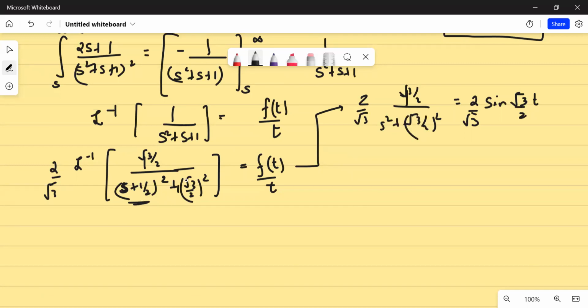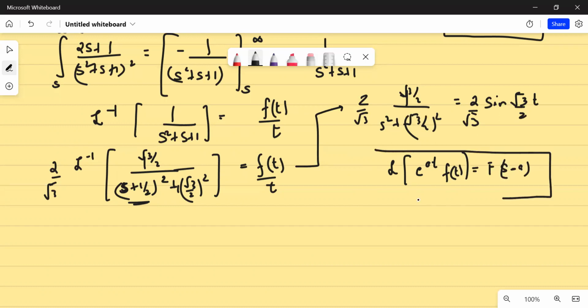If I correctly remember, the Laplace transform of e to power at f(t) is equal to F(s minus a). This was your first shifting theorem. From there, instead of s, you have s plus half.